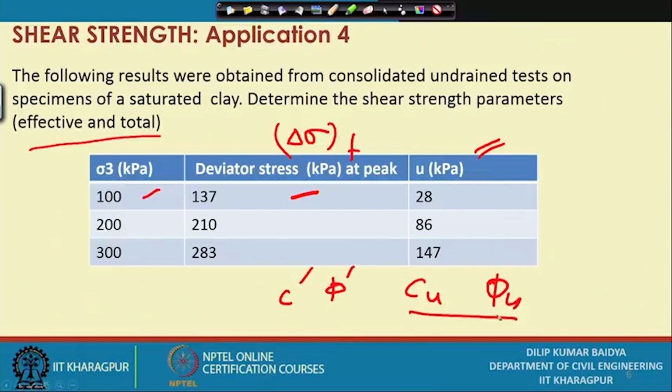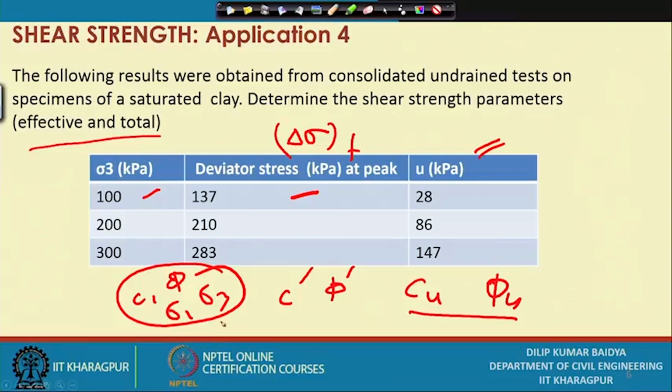I have to find this mathematically, by solving equations relating C, phi and sigma 1 and sigma 3, and using those equations to find the unknown C and phi from the known values of sigma 1 and sigma 3.